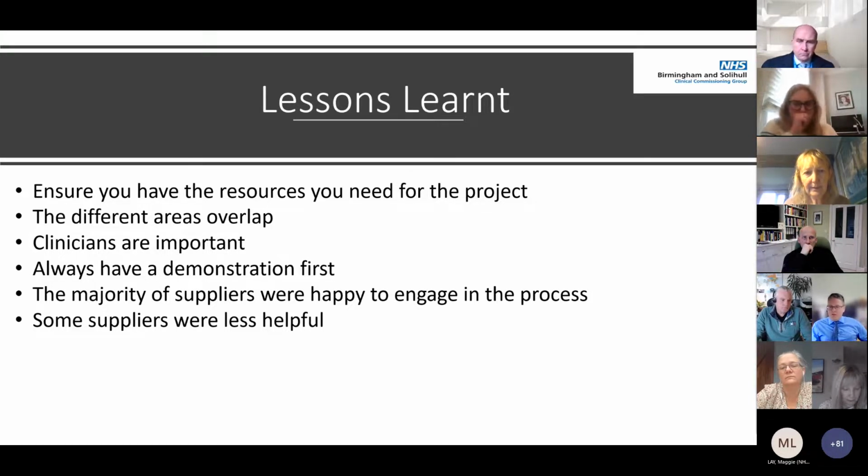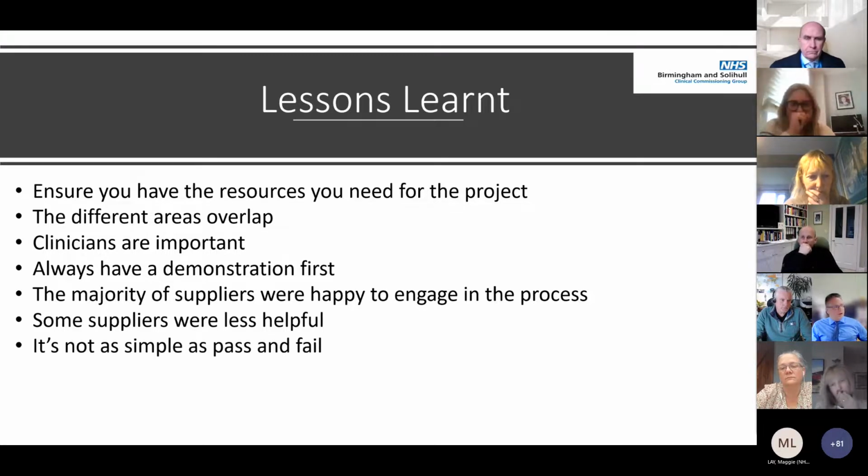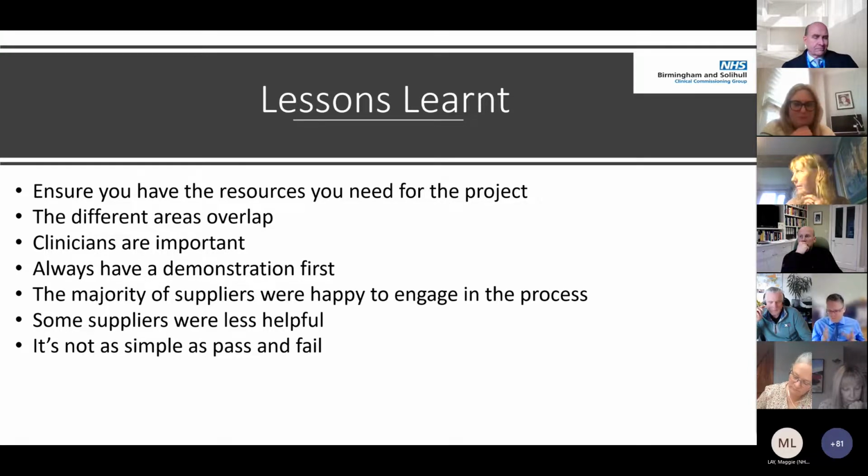And I think one of the reasons for this is that some of the suppliers saw this as a pass-fail. And I know, of course, we talk about pass and fail, and Lauren had pass and fail on her slides. And of course, there has to be a judgment made. But actually, a lot of this isn't a black and white pass and fail.